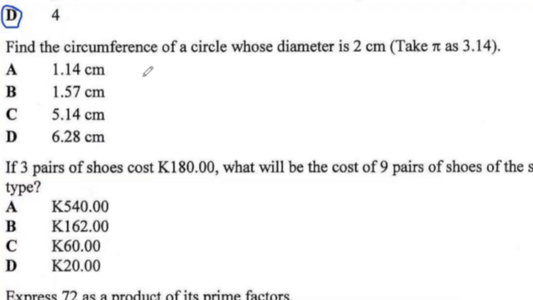Question number 40: find the circumference of a circle whose diameter is 2 centimeter. Take pi to be 3.14. The formula for circumference is C equals pi times diameter.